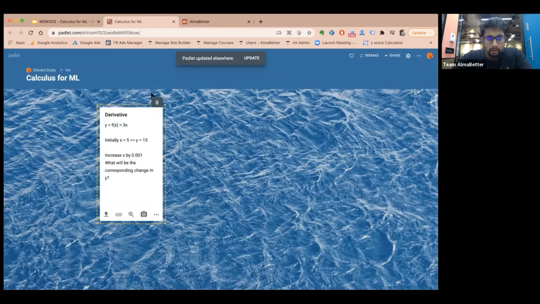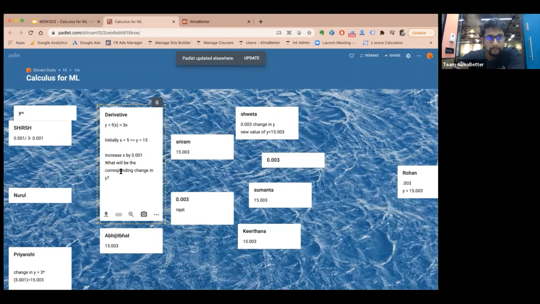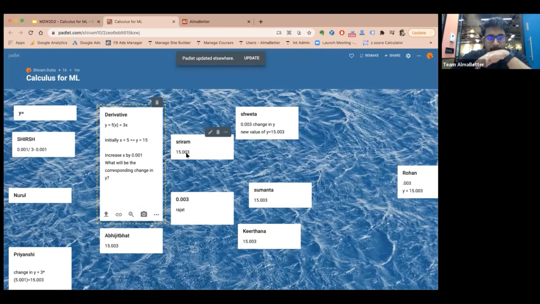Are you guys able to write? Okay. So your new value of y becomes 15.0003. What is the corresponding change in y? Initially it was 15. So the change in y is 0.0003. Right?